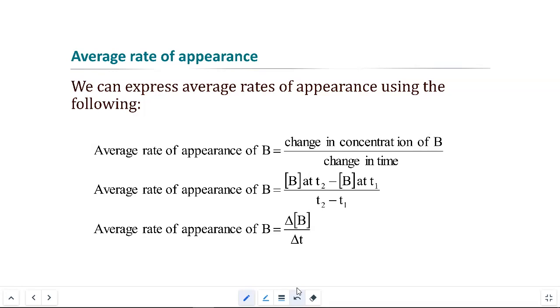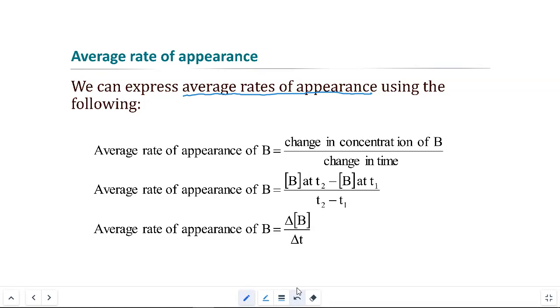We could do that calculation by looking at the concentration at a given time and at a second time, and comparing the two times that were there. We call this an average rate of appearance, because basically what we are doing is we are taking the average of that time frame, whatever it was.